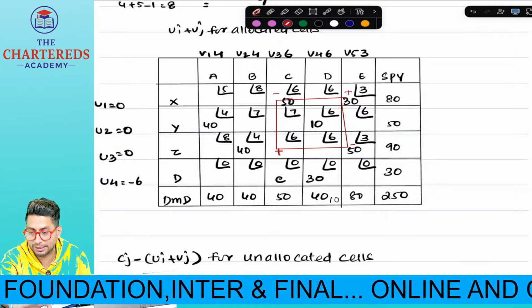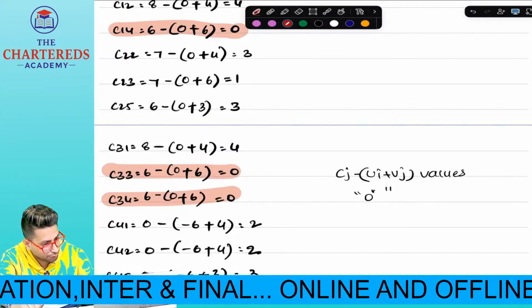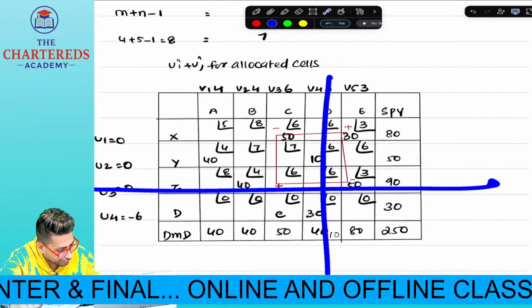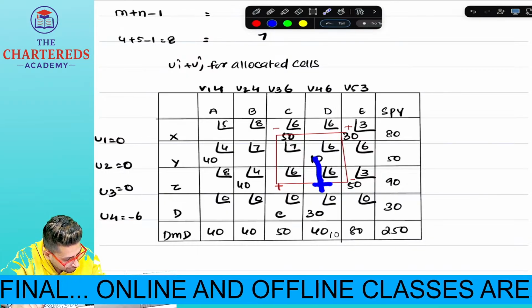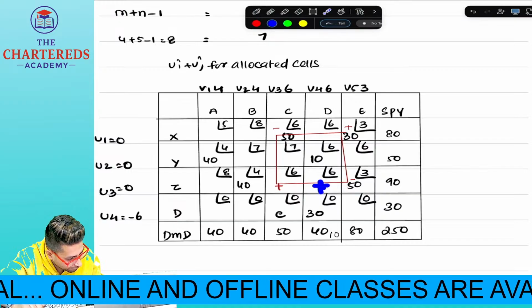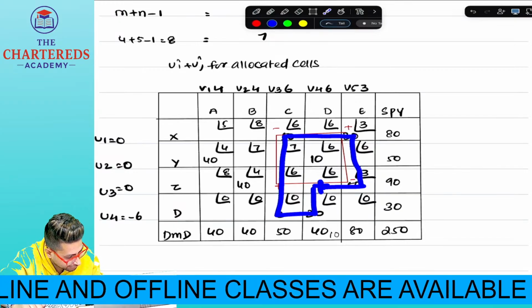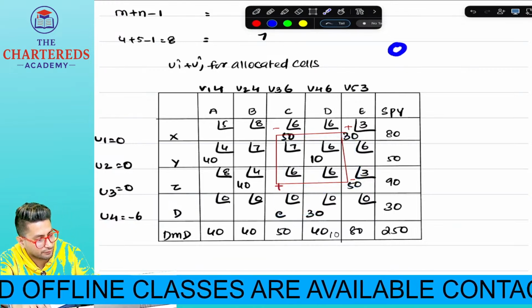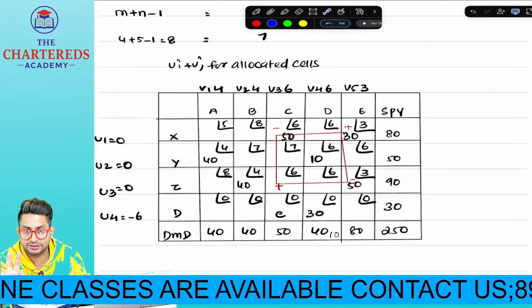Wherever a loop is forming, from there an alternative answer will be possible. Next, let us see from here. I go like this, like this. Is a loop forming? So from everywhere where 0 is there, is a loop forming? So how many alternative answers do we have?